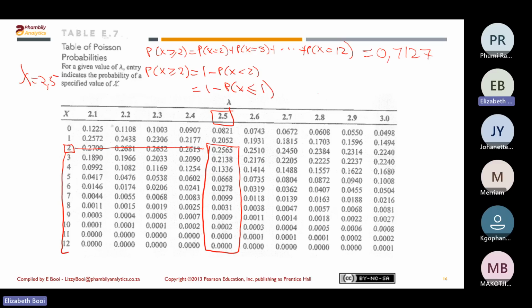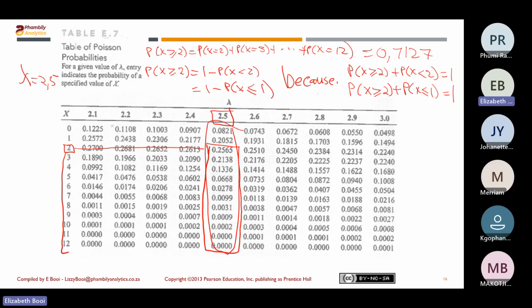That is also the same, because the probability of x greater than or equal to 2 plus the probability of x less than or equal to 1 will also give you 1, because it's the entire sample, it's the entire table.